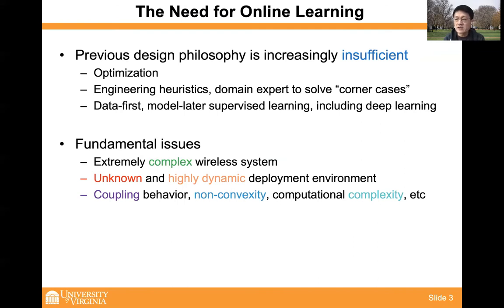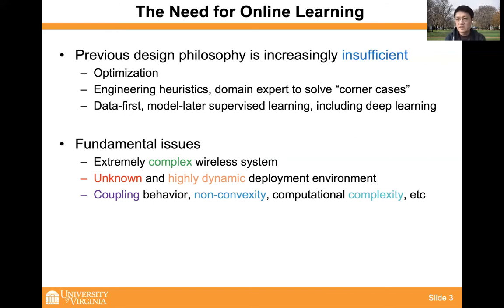And this is a very inefficient approach because it often requires significant labor from the human perspective. Also, solving corner cases typically only solves the problem at hand and does not really automatically take care of what's going to happen in the future. Last but also not the least, many corner cases are often conflicting with each other. So it's sometimes difficult to just find a good solution that works for all cases.